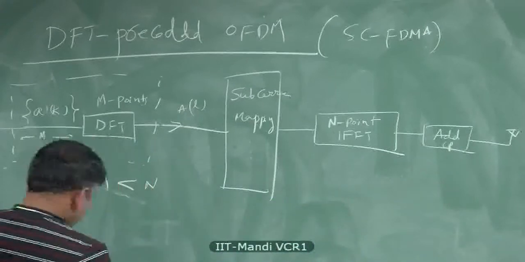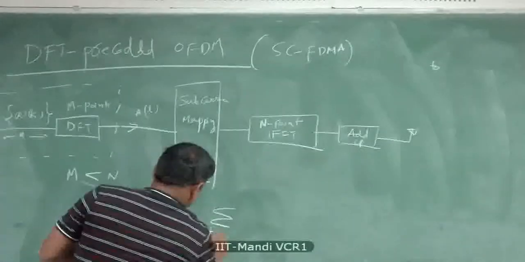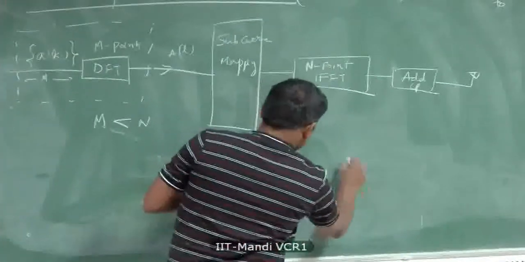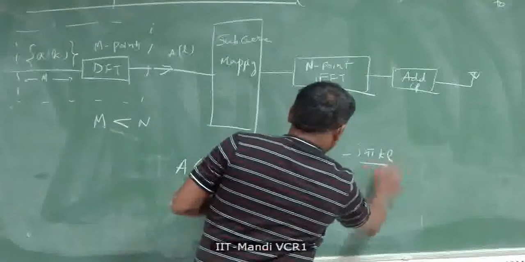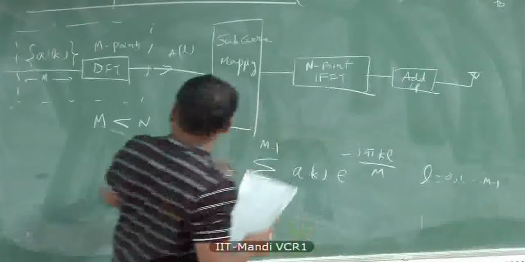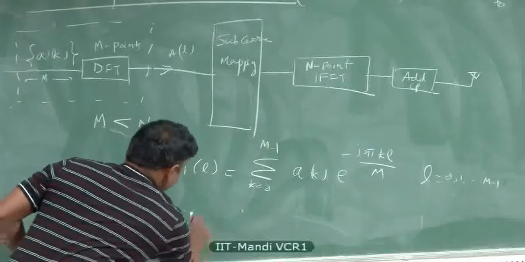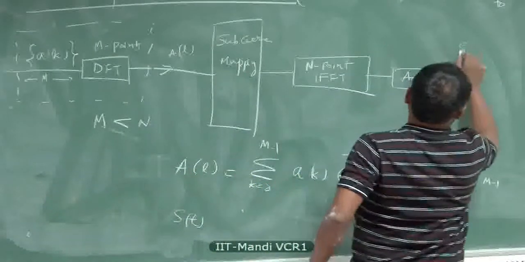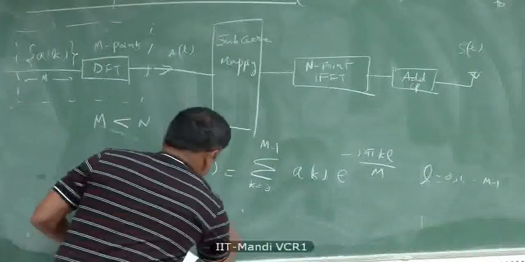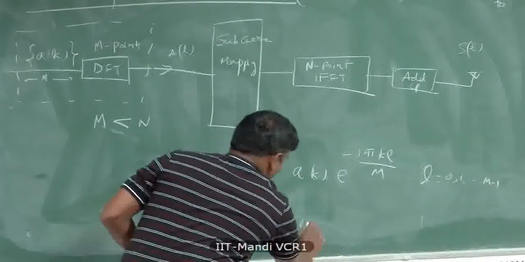Okay, so mathematically, A of L is equal to the sum over K equal to 0 to M minus 1 of A of K e to the power of minus j 2 pi KL by M, L equal to 0 to M minus 1. Okay, that's what this block does. And S of t is the transmitted signal, the usual one here, is equal to the sum of A of L, just like OFDM, right?